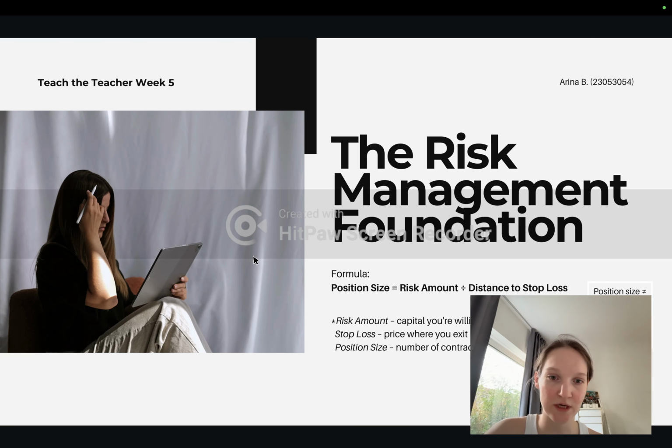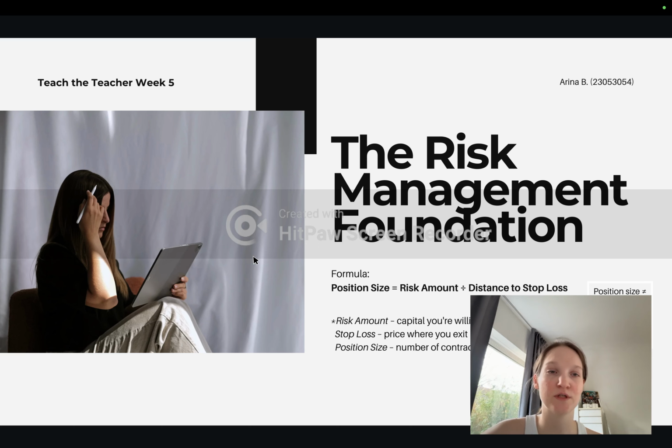So to calculate the position size that can be traded, a pretty simple formula can be used. The position size is the amount of stocks, units, or contracts to be traded, and to calculate it we need to divide the risk amount, so the amount of money that the person would be ready to lose, by the distance to stop loss.